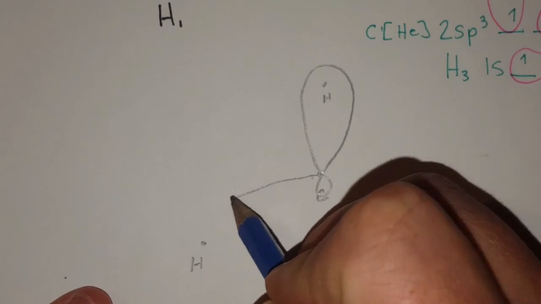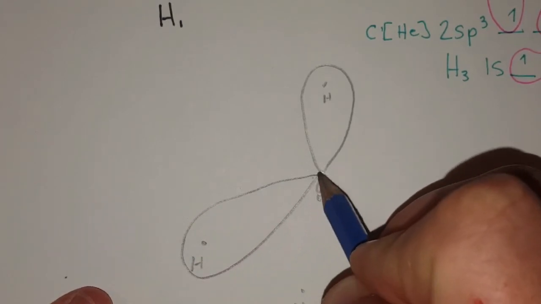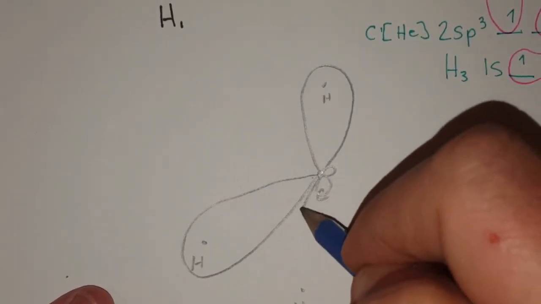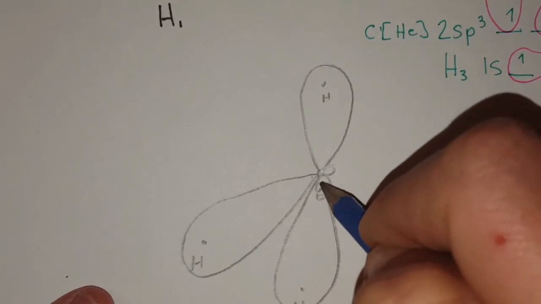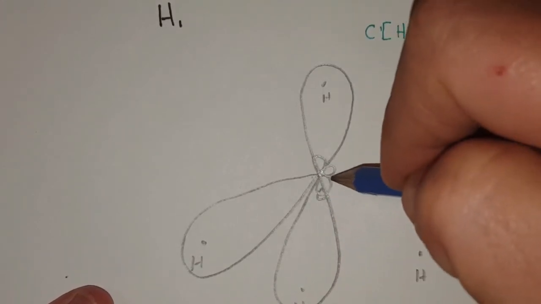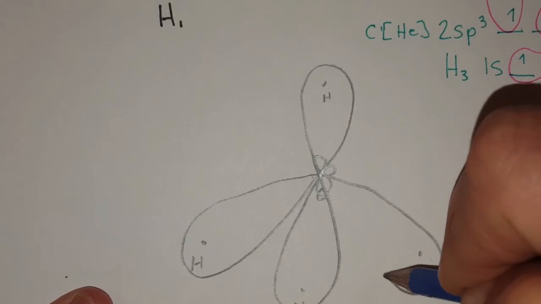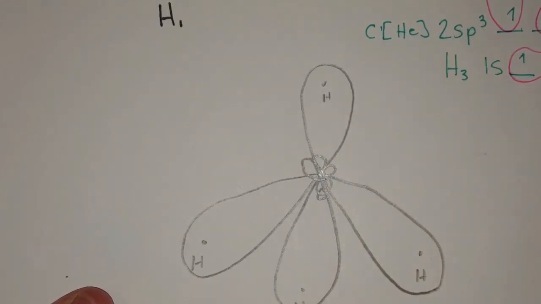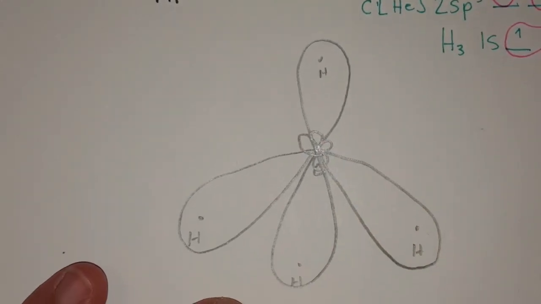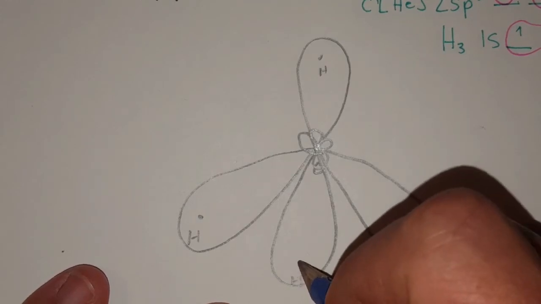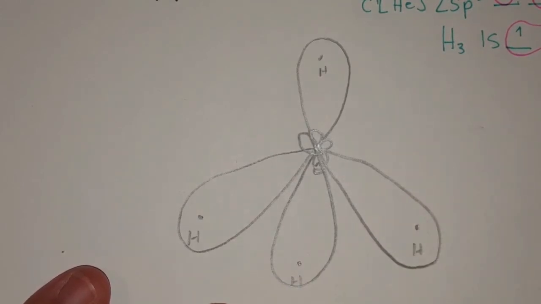Each of the four s overlaps with a hybrid looks like a fish shape. So that's what our valence orbital overlap diagram would look like for CH4.